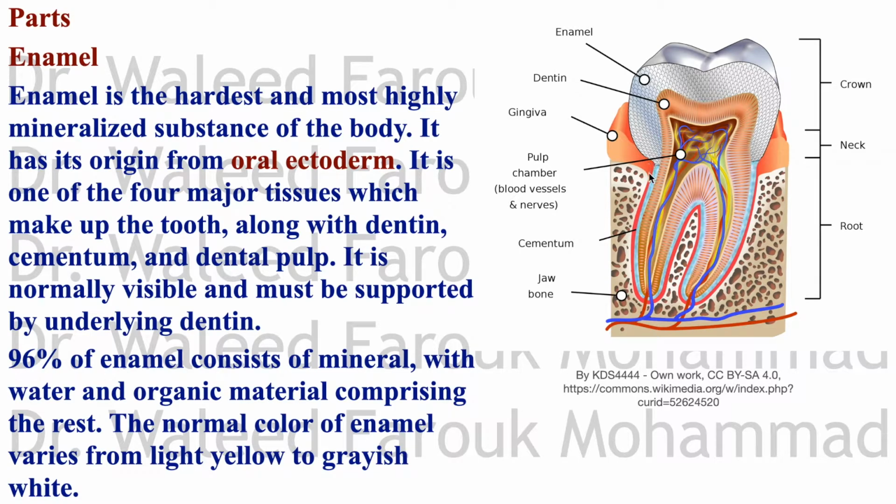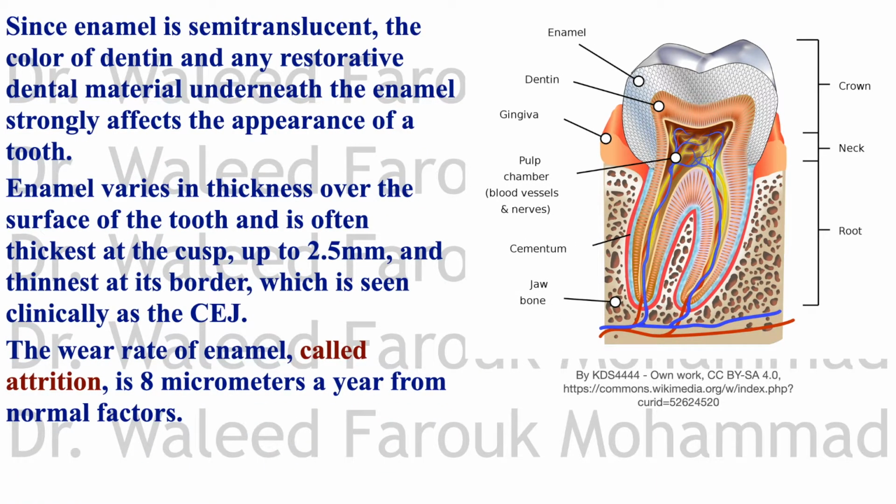The normal color of the enamel varies between light yellow to grayish white. It's a semi-translucent substance, so it can reflect the color of anything underneath the enamel, like the dentin, for example, which can affect the appearance of the tooth.